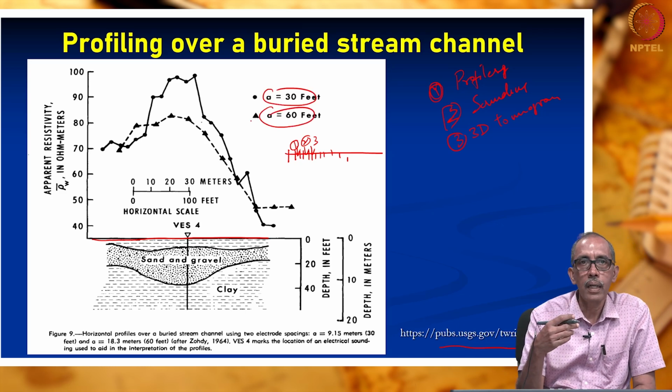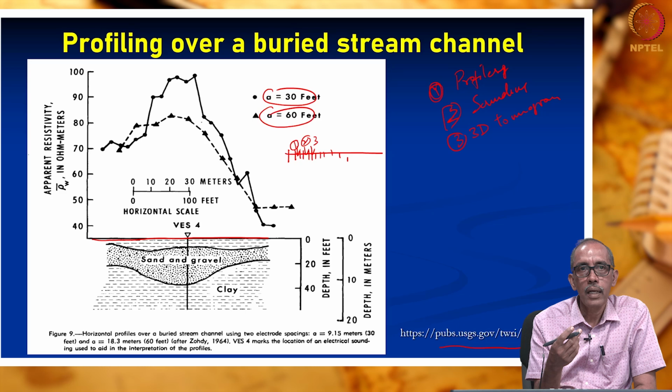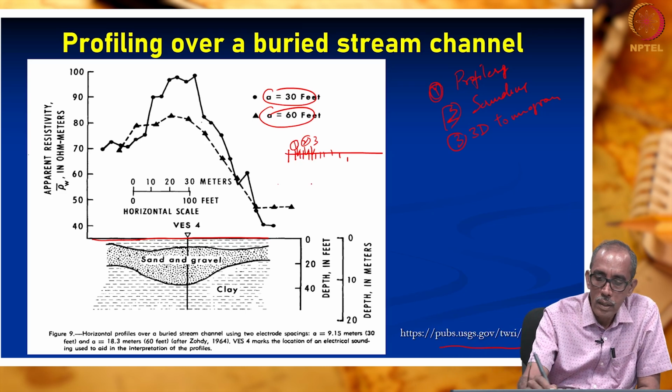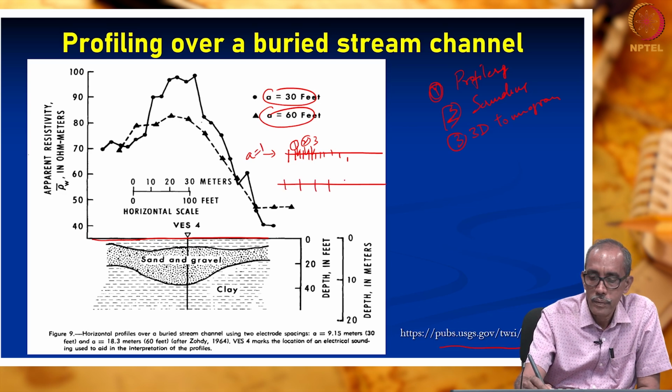Hope you can remember, electrical profiling can be carried out in different electrode configurations. That means you conduct the profile initially with, for example, A equal to 1 meter, and you can do one more survey with 2 meter distance. This is station 1, maybe 2, 3. Here A is equal to 1, here A is equal to 2.